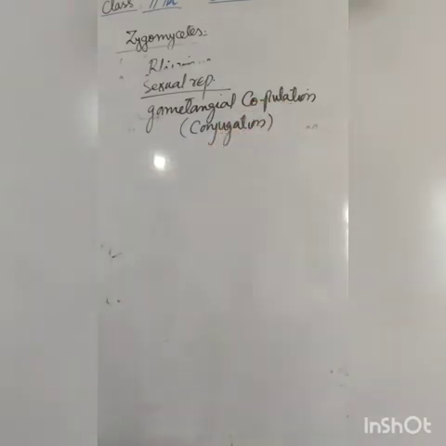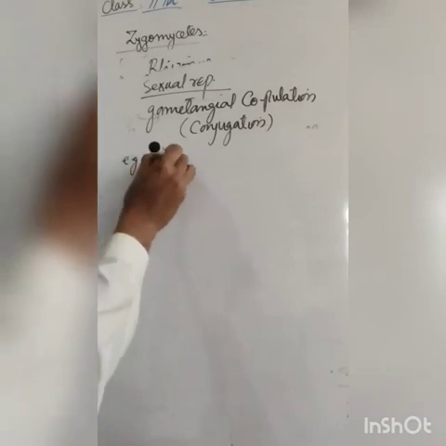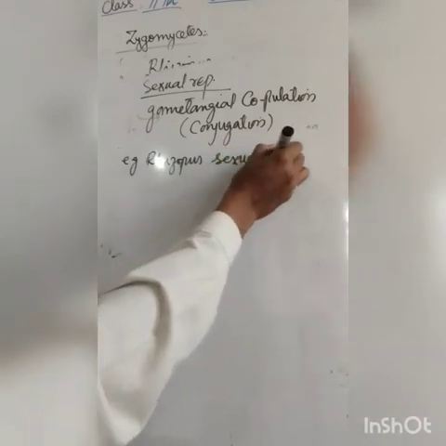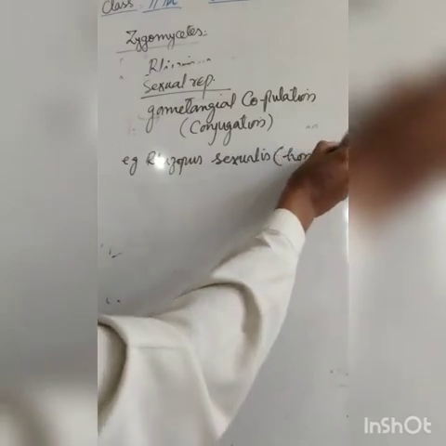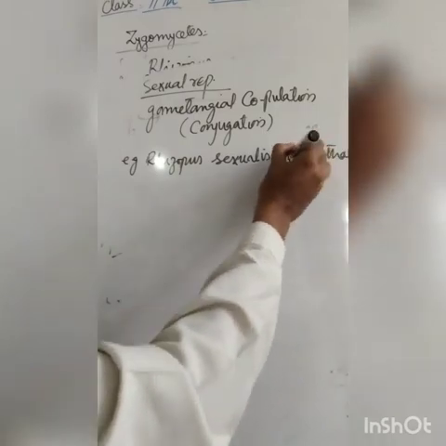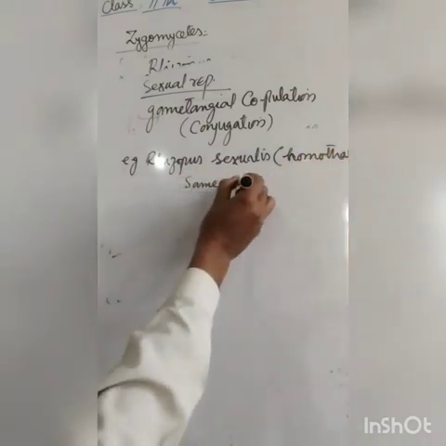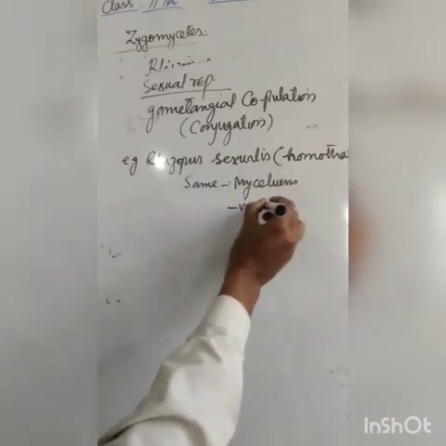Rhizopus species are some homothallic and some heterothallic. For example, Rhizopus sexualis is homothallic, that is, the same mycelium forms the positive and negative hyphae, the gametangia.